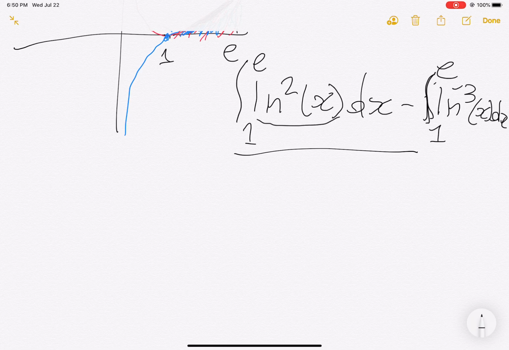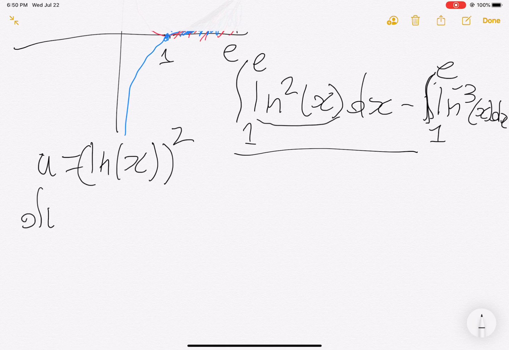Obviously we're going to set u equal to our logarithm, which is the natural log of x squared. We'll write it like this. This is different notation, but it means the same thing. And du, let's see, we just use the chain rule.